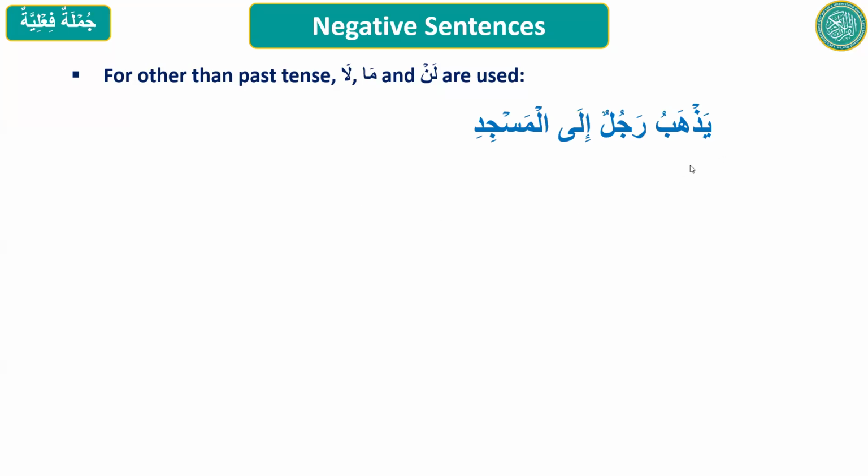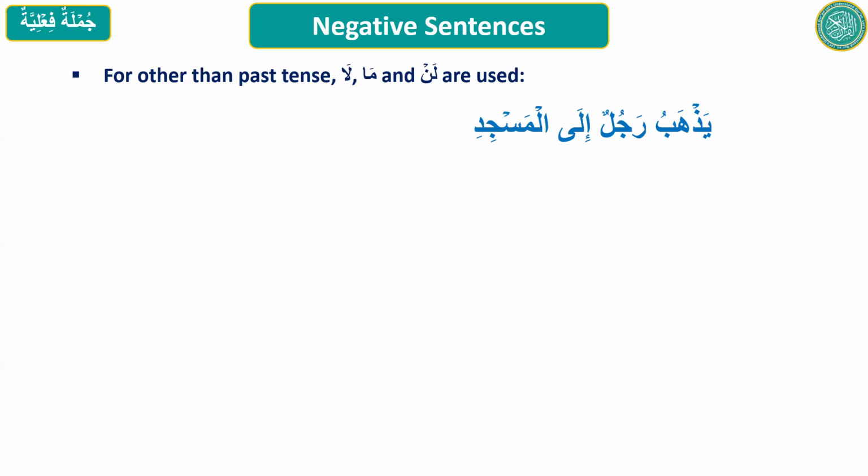Umar, Umar Ahmad. Assalamu alaikum. Walaikum salam. Translate this into English. A man went to the masjid. Why are you saying went? It is a past tense. Oh, a man goes to the masjid. Could it mean something else as well?